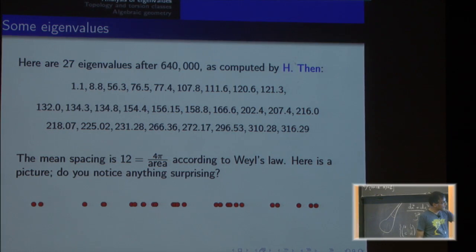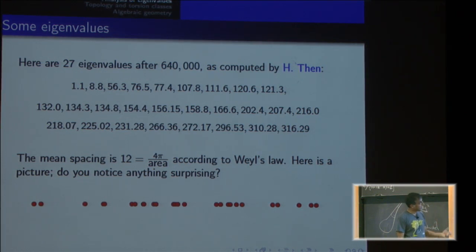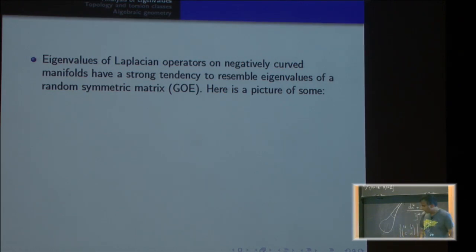So these look like random numbers, but that's not what one should expect in this setting. These numbers are eigenvalues of the Laplacian operator. If you take the Laplacian on a negatively curved manifold, it's some symmetric operator.